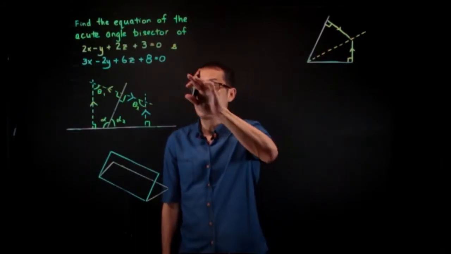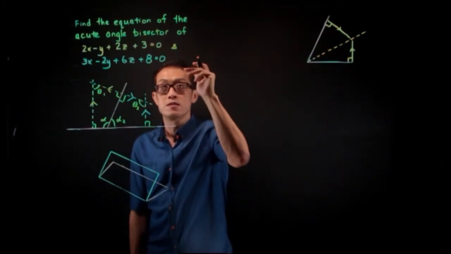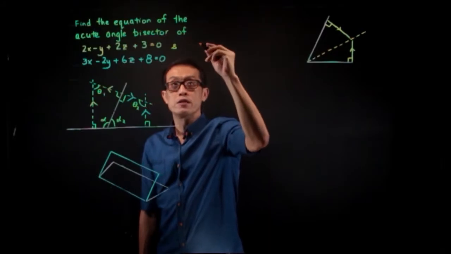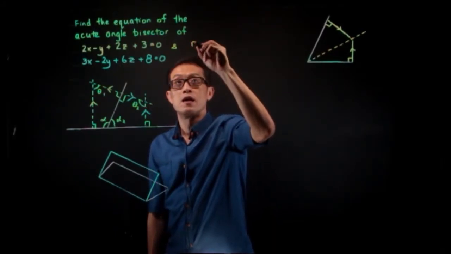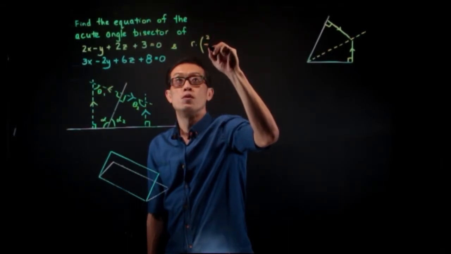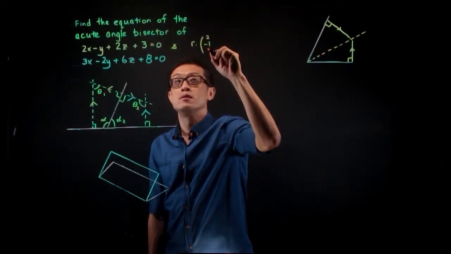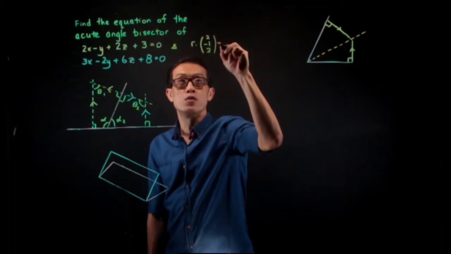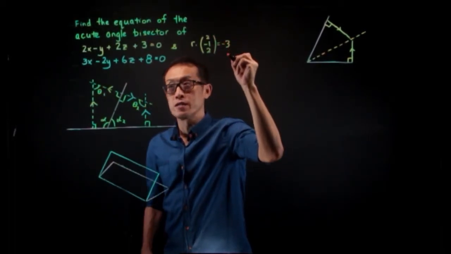Now, we can rewrite the equation of the two planes as such. r dot (2, minus 1, 2) equals minus 3.